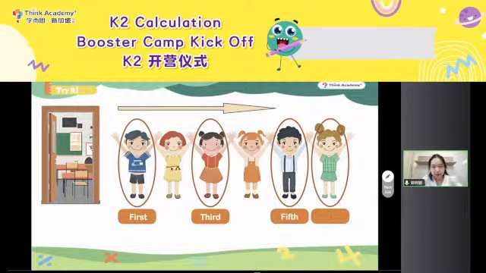So 1, 2, 3, 4, 5, 6. She is number 6. How do we use ordinal number to represent number 6? Sixth, right? And also, can you write all these ordinal numbers in your lecture notes? Very well done. Let's continue.